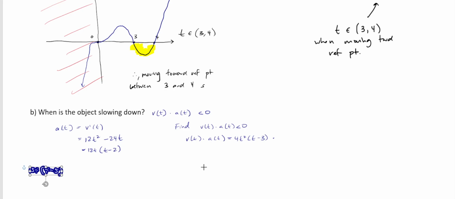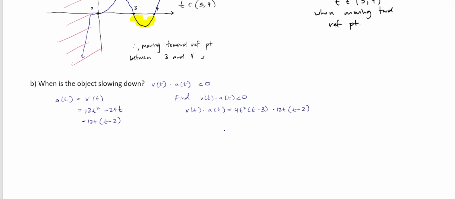So there's my velocity function times the acceleration function. If I clean that up, I get 48 t cubed, t minus 2, t minus 3.